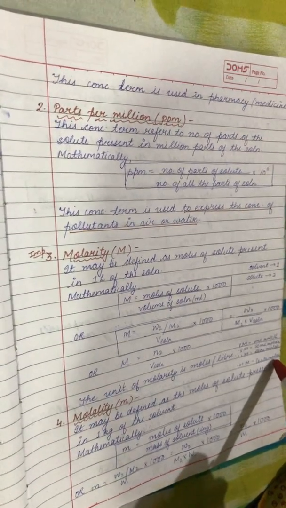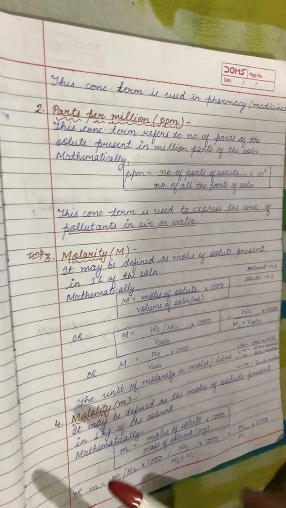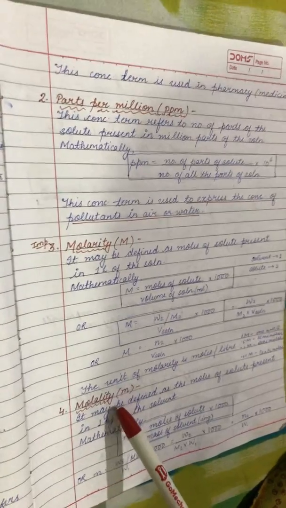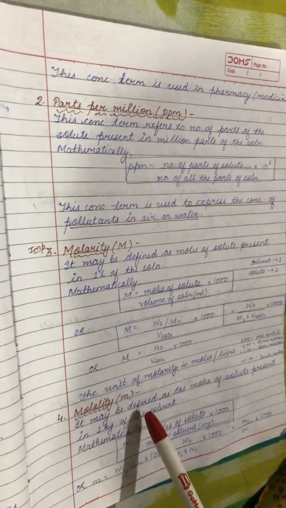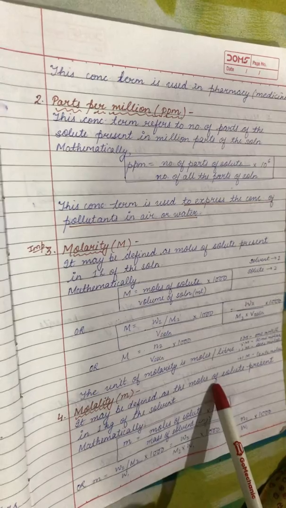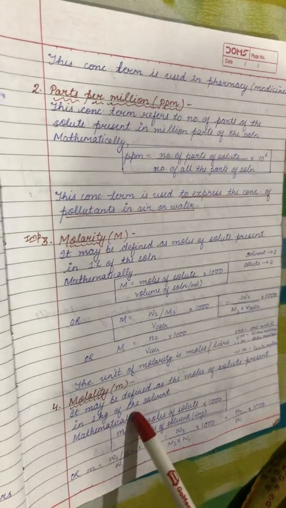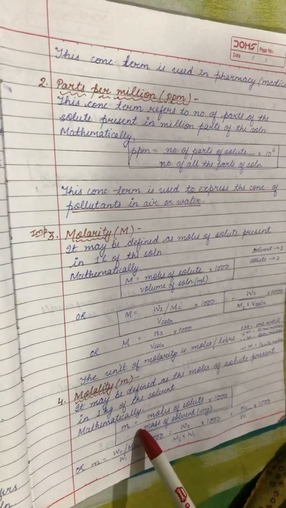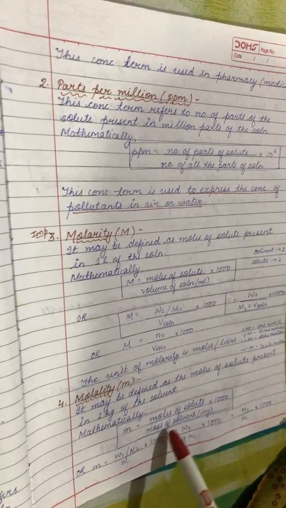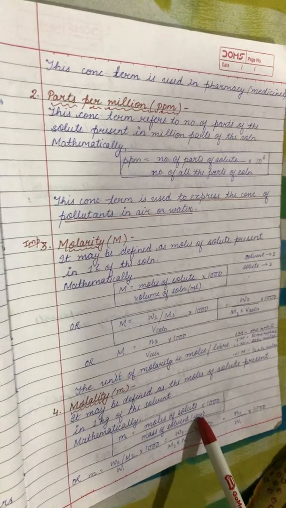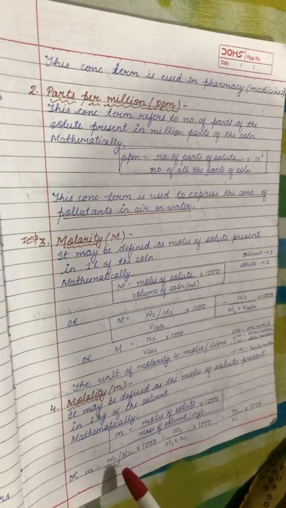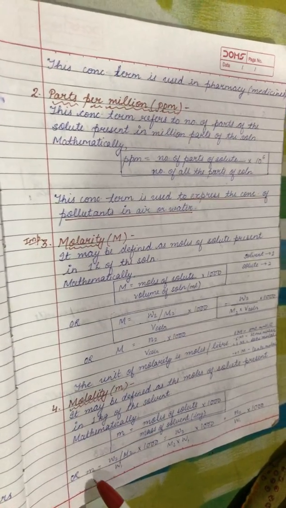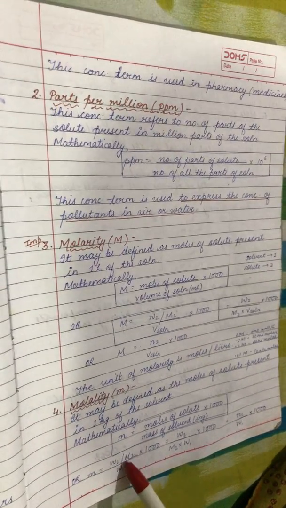The next important concentration term is molality, which is represented by small m. It may be defined as the moles of solute present in 1 kg of the solvent. So mathematically, molality is moles of solute upon mass of solvent in grams multiplied by 1000. If you want to write it in terms of weight and molar mass, we write molality as W2 upon M2.